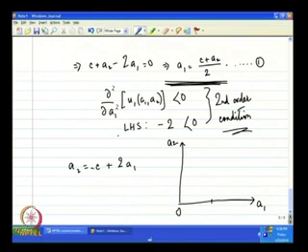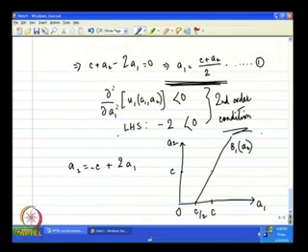Suppose this is C and this is C divided by 2. Suppose this is again C. So, this is not a curve, this is a straight line and it should look like this one. It has a steep slope of 2 and a horizontal intercept of C divided by 2. Okay.